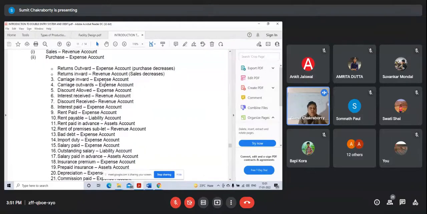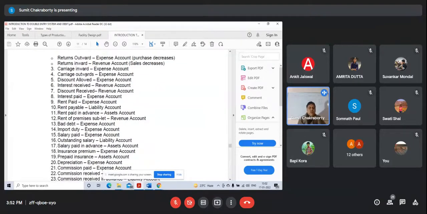Now, you can make a purchase an asset by not showing it as an expense, but periodically you can expense the depreciation, or as and when the purchased item is sold. That would be a revenue account and an expense account, cost of goods sold. Returns outward.